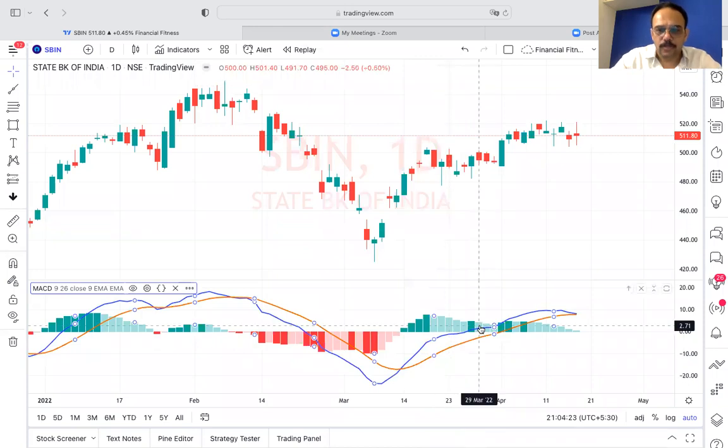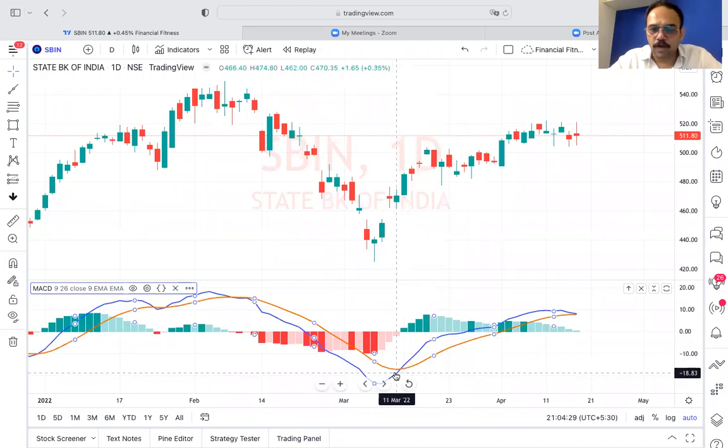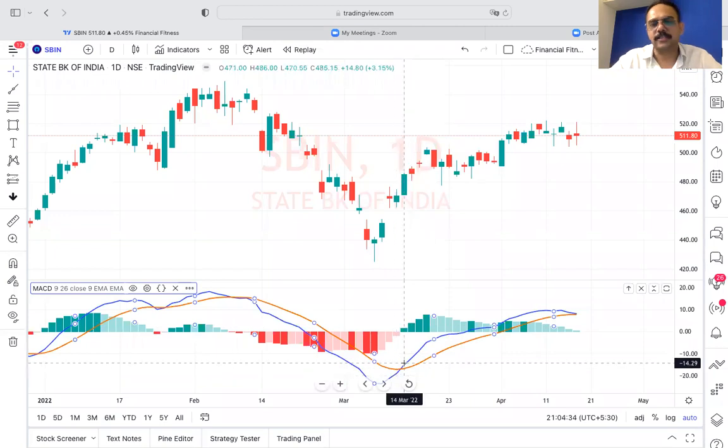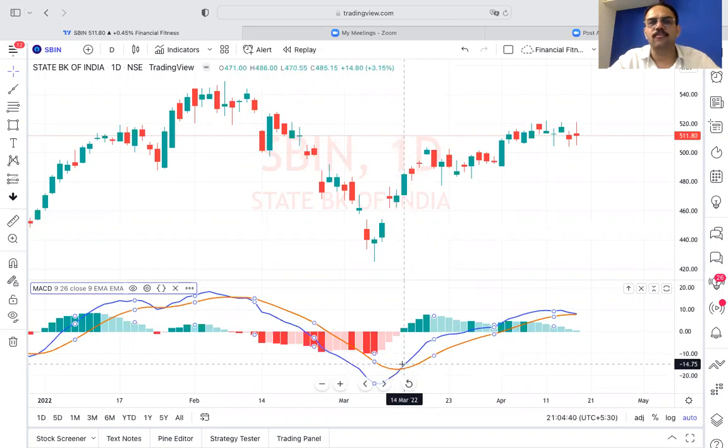This blue line is the MACD and the orange line is the signal. What we are looking for is the blue line crossing above the signal line. Everyone okay with that? Everyone clear?